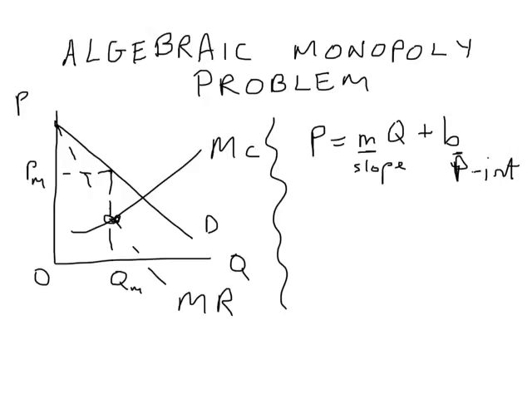All right, and then remember the general rule: if we have a linear demand curve like that and it's a monopoly problem, the marginal revenue function is a line that's twice as steep, so its slope is 2m, and then it has the same y-intercept.